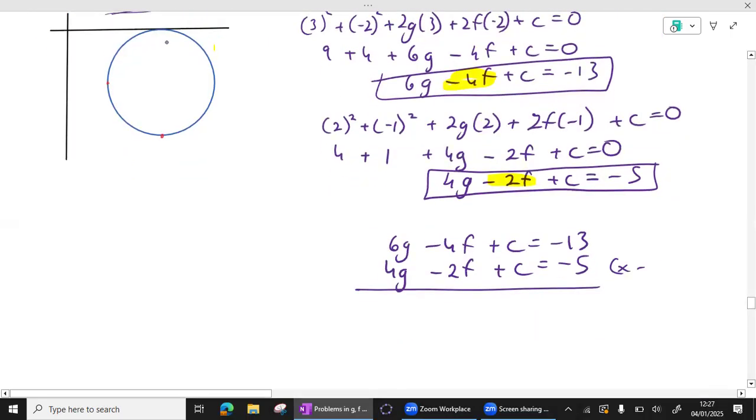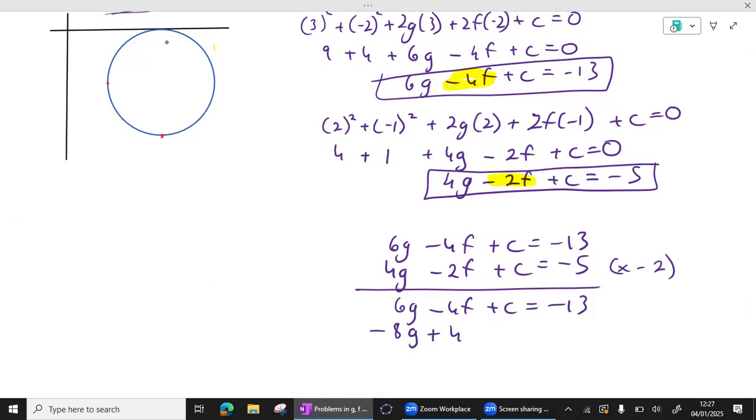So what I'm going to do is multiply the bottom by minus 2 to get the f's to cancel. So I'm going to multiply by minus 2. That's minus 8g plus 4f minus 2c is equal to 10. The f's cancel, and I'm left with minus 2g minus 1c is equal to minus 3.